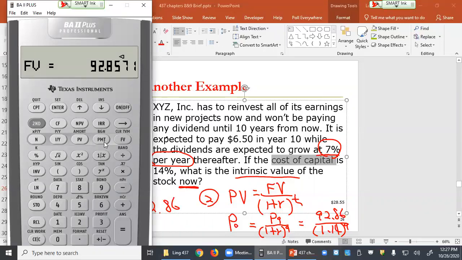There's no dividend between year 1 and year 9, so payment equals $0. Discount rate 14%. N equals 9 years. Compute for present value, you'll get $28.55. Present value is cash outflow because in order to receive those future dividends, this is the price that you have to pay right now in order to invest and to own the stock.